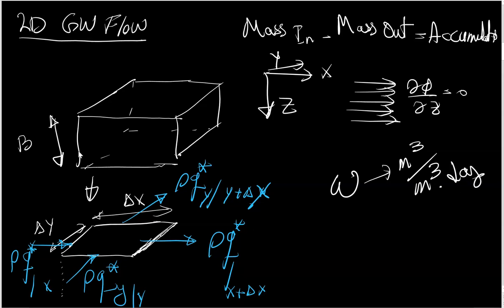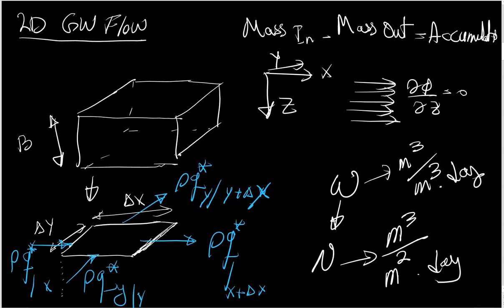In the 2D form, since we turned the 3D system into a 2D system, we convert W to N, which is again a sink and source term, but in the 2D form. This is the volume of water which gets released or stored within the unit area per unit day, because I know what is happening in the z direction.